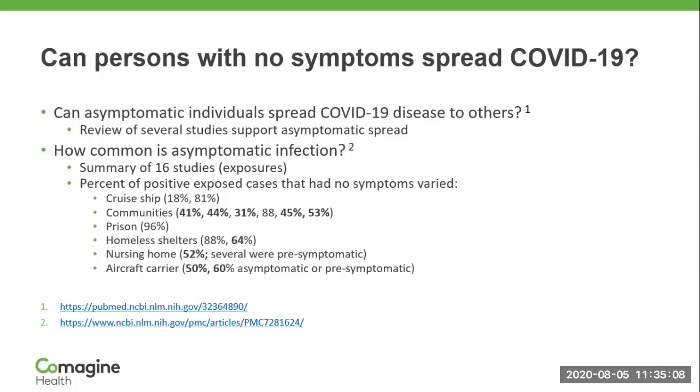So it's not saying that this percent of the population has asymptomatic disease. It's saying that within these exposed groups. I just highlighted the numbers that are between 30 and 65. So this study kind of confirmed that estimate, that there are probably many people that are able to spread that are never symptomatic. Next slide.